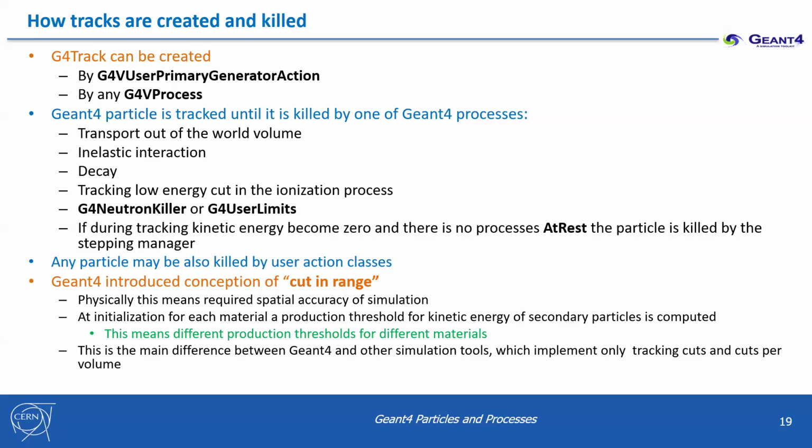If during tracking the kinetic energy becomes zero and there is no AtRest process, the particle is killed by the stepping manager. And the user has the freedom to kill any particle for any reason as well.